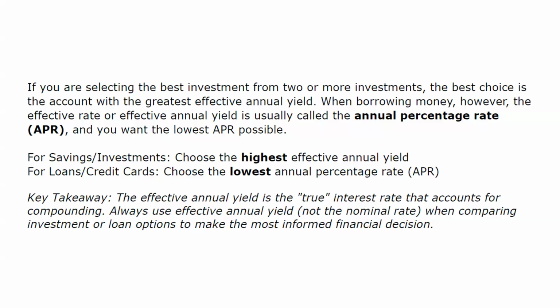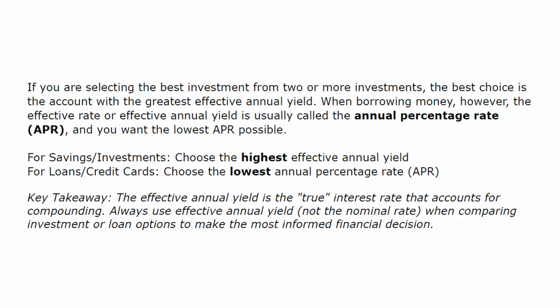When borrowing money, however, the effective rate or effective annual yield is usually called the annual percentage rate, or the APR, and you want the lowest APR possible. So for savings and investments, you want to choose the highest effective annual yield. For loans and credit cards, you want to choose the lowest annual percentage rate, because then you pay less on interest.